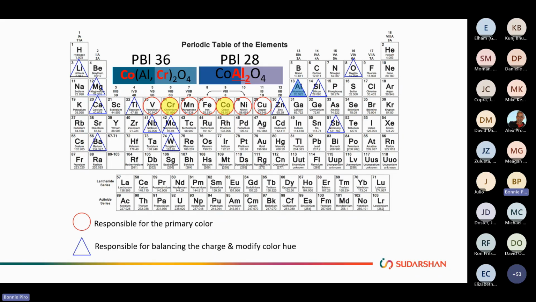They both have cobalt as one of the primary colorants or metals responsible for the color. On the Pigment Blue 36 side, there's an additional chromium metal that is also responsible for the primary color. That's where you're going to get the green shade from. And then the aluminum, of course, is there for balancing all the charges and for modifications of the shade.